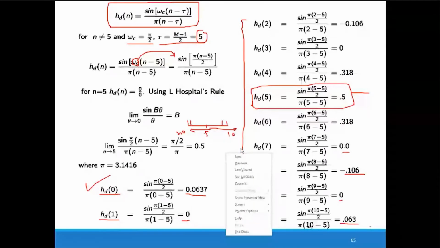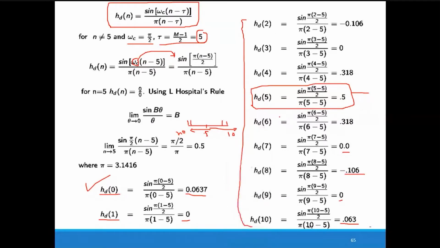Due to symmetry, if you know the filter is symmetrical, there is no need to calculate above h_d(5). You can directly write h_d(6), h_d(7), h_d(8), h_d(9) and h_d(10), which are the same as h_d(4) down to h_d(0). It will save your time in the calculation. This is how we obtain the h(n) parameters.